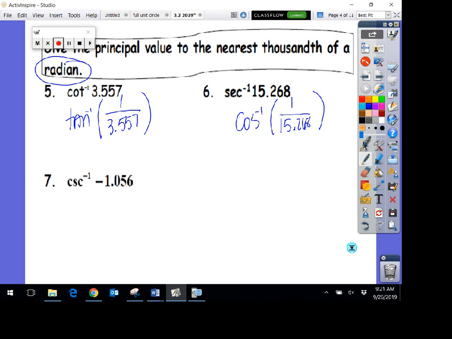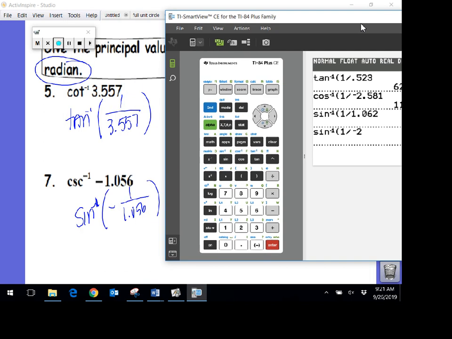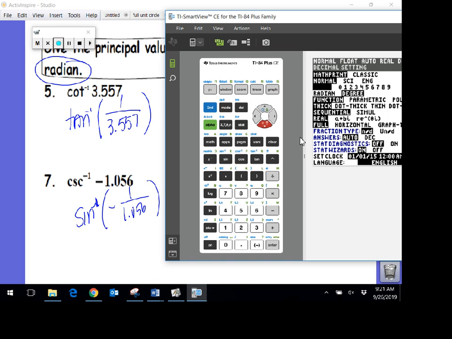That's what we type in, not 1 over the whole thing. And inverse sine of 1 over negative 1.056. That's what we type in the calculator. Again, it is a very good idea to write that down because this is not always the easiest to remember when it comes to testing and quiz day.